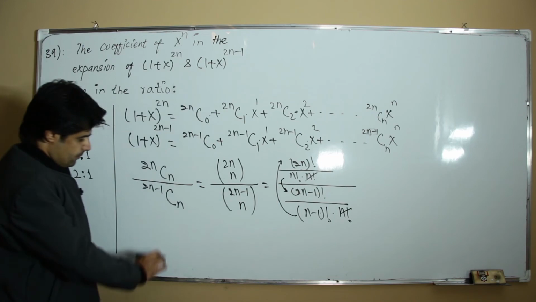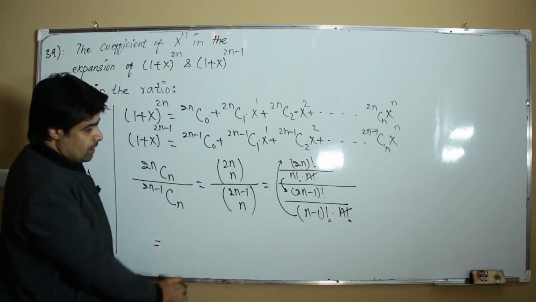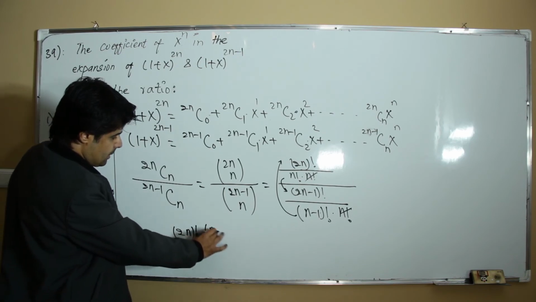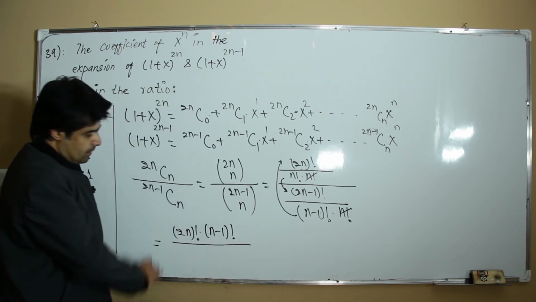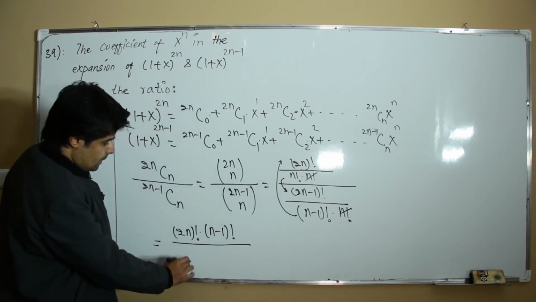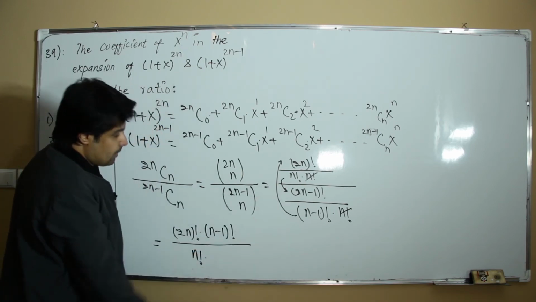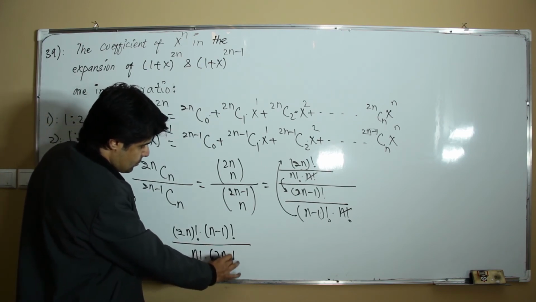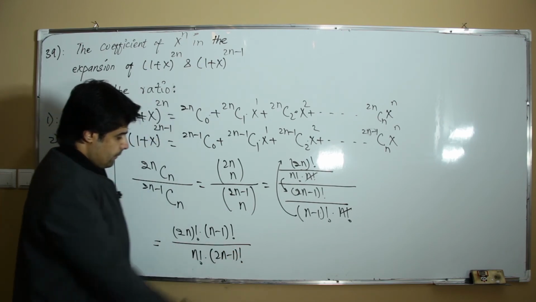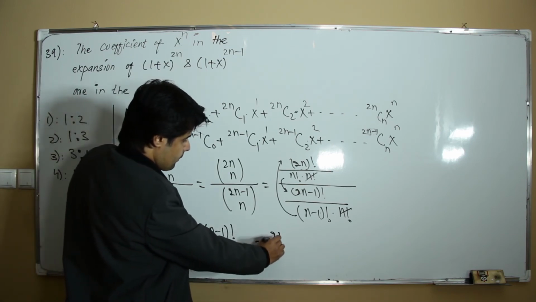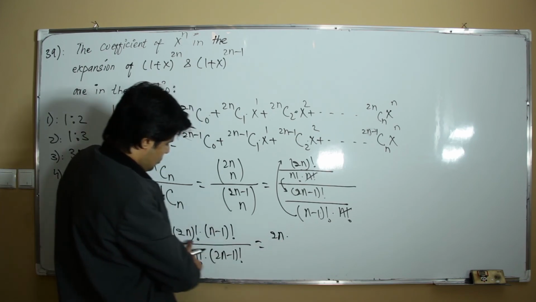Now you will have 2n factorial times n minus 1 factorial divided by n factorial times 2n minus 1 factorial.